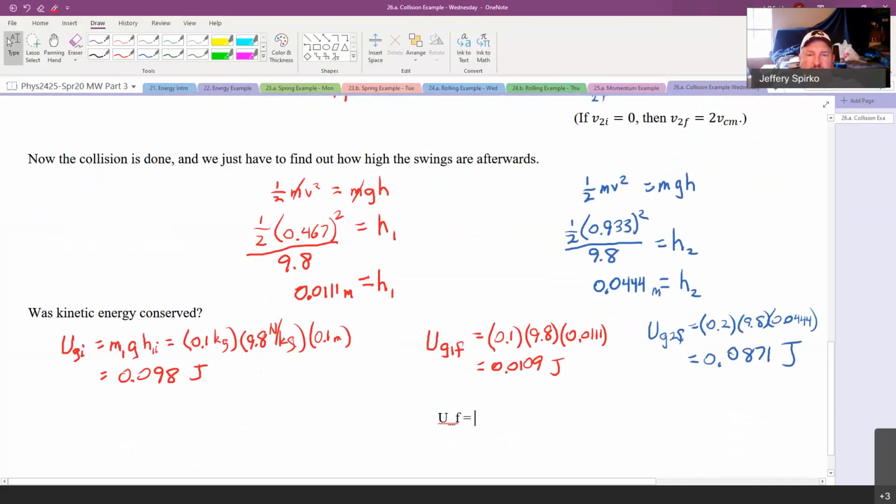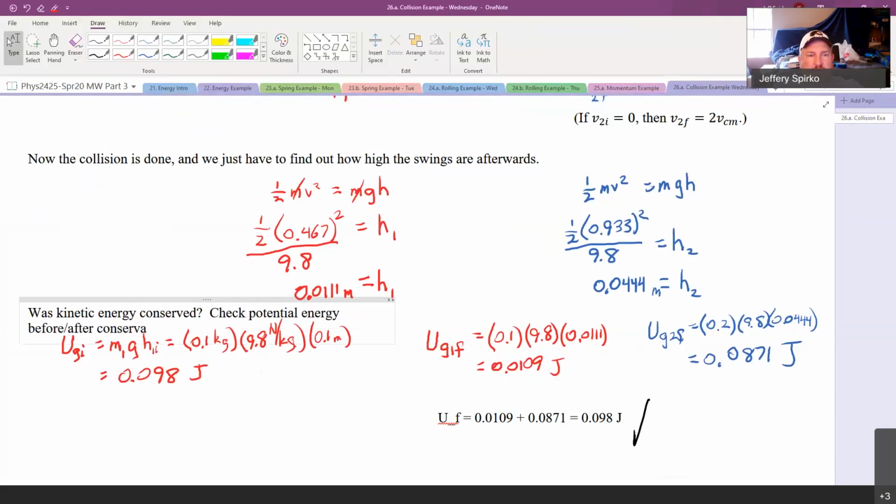U final is equal to 0.0109 plus 0.0871 is equal to 0.098 joules. Check mark. I did conserve energy. The energy I had before the collision was the same as the energy I had after the collision. And instead of checking kinetic energy, we checked the potential energy instead because it was more accessible.